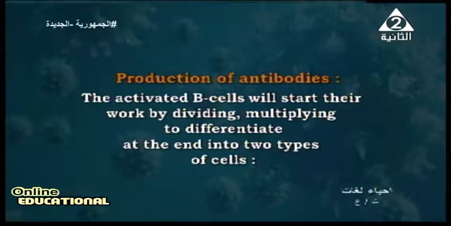These activated B cells start their work by dividing or multiplying to differentiate into two types of cells. This antibody comes from the activated B cell after the activated helper T cell combines with the protein.